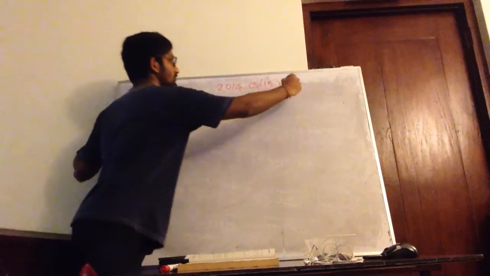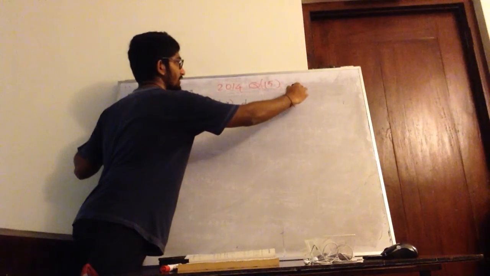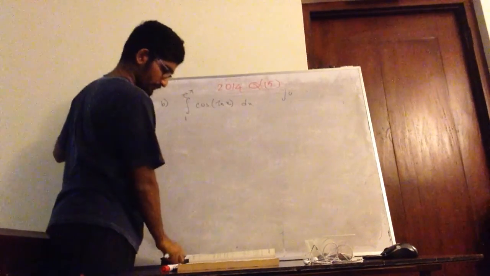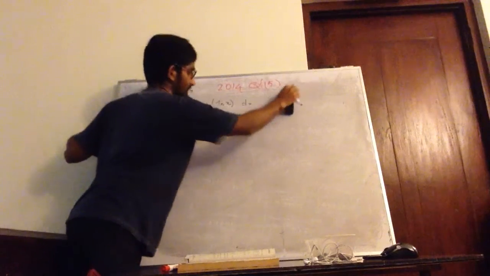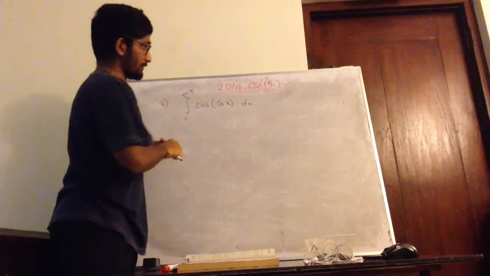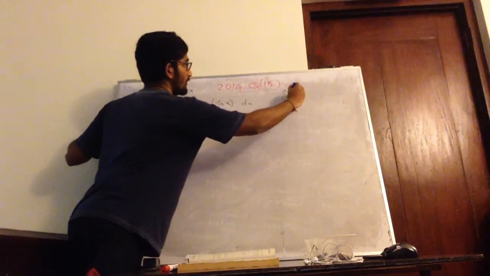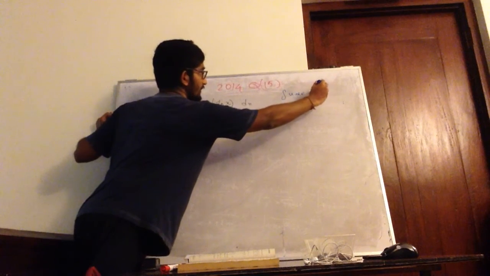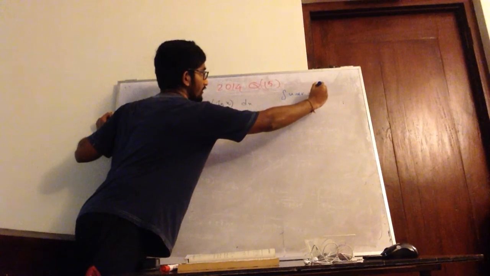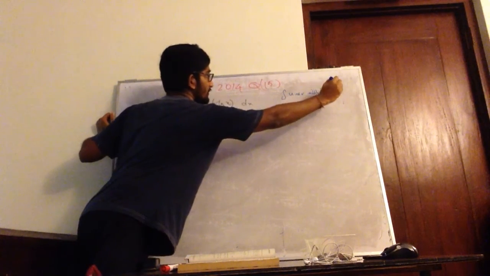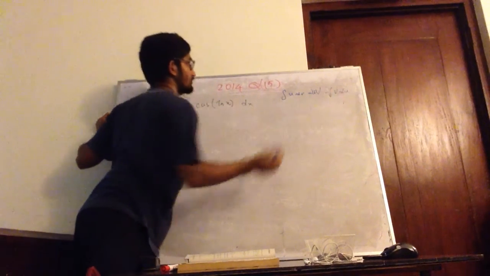now you know this, integration by parts is what? The integral of u dv we can write as uv minus the integral of v du.